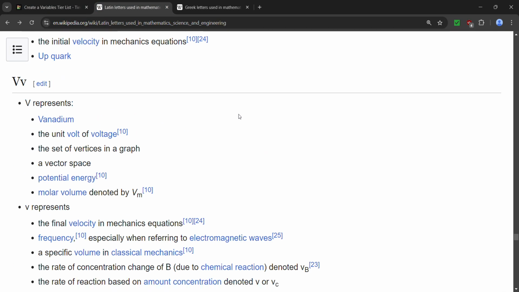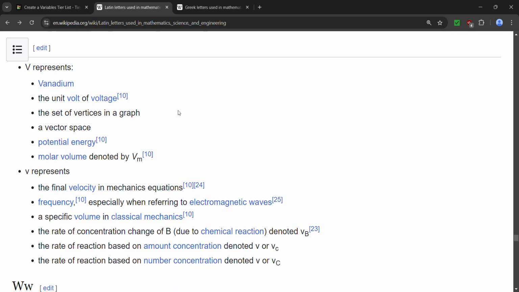V. I have high hopes for V, but we'll see if it disappoints. Voltage is pretty important. Volume is huge, and velocity is also huge. Voltage, volume, velocity. That's enough to put it in A tier. Is there anything that's going to give it the S, though? Set of vertices, I don't know about that one. Vanadium, does anyone use vanadium?